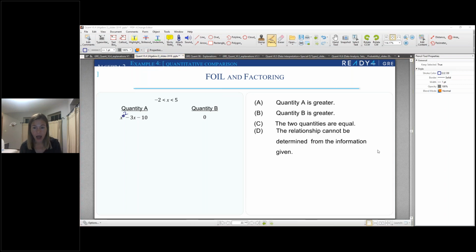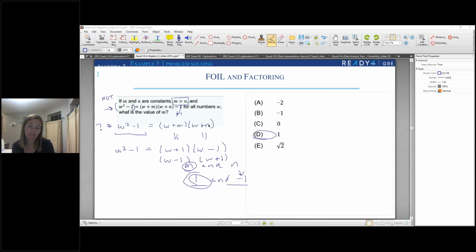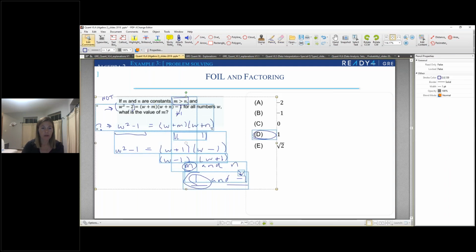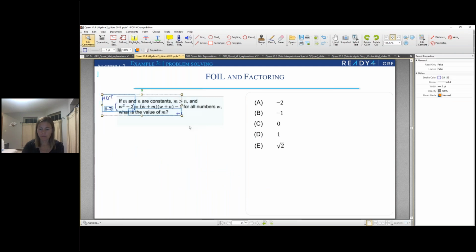Okay, cool. How did I know to substitute m and n for 1 and minus 1? Okay, so in this problem, because what we know from what we are given here, let's start up here. We rearranged and we got that w squared minus 1 is equal to (w plus m) times (w plus n).